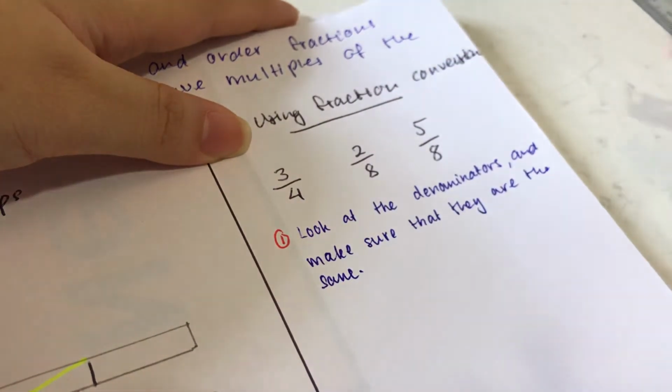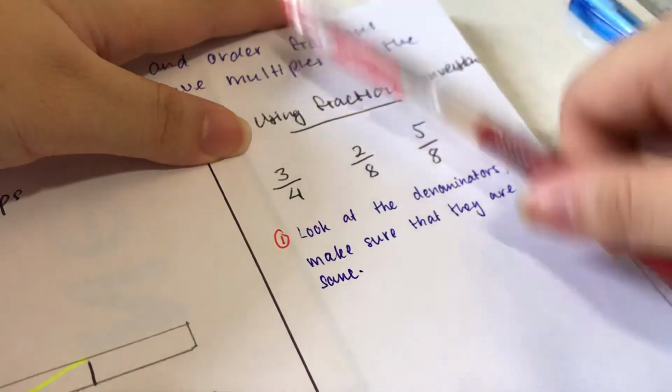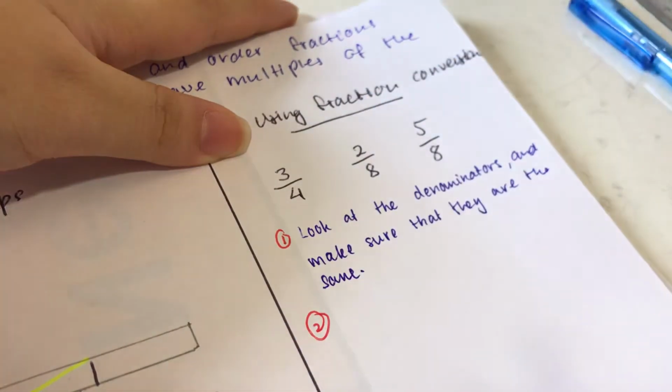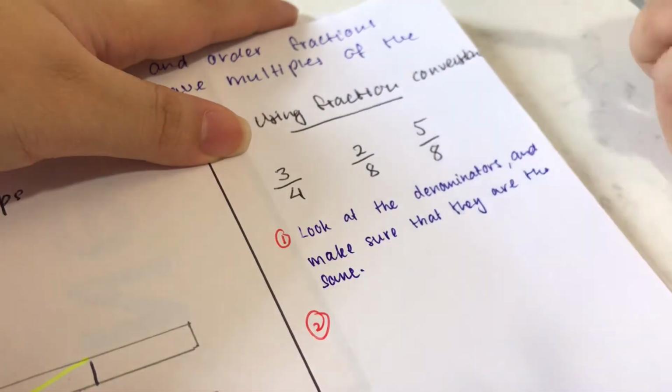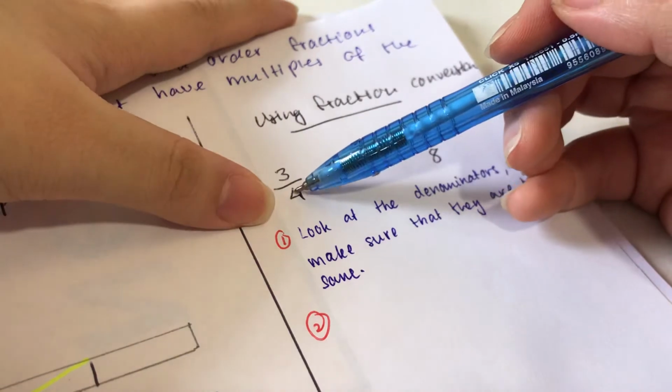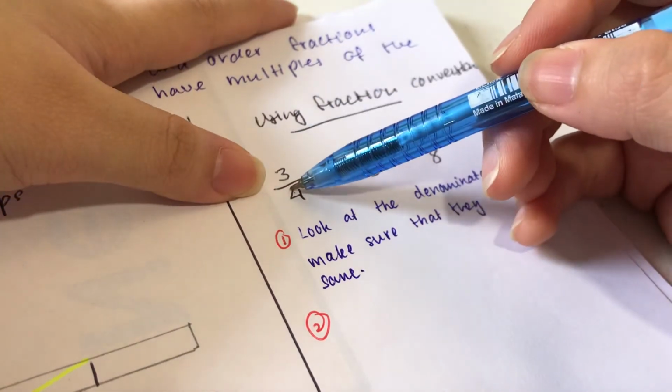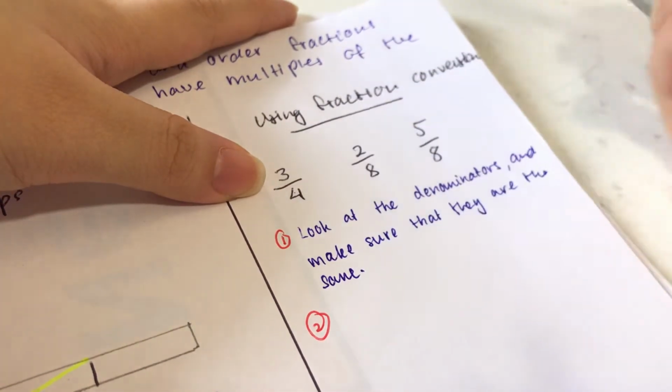So what are we going to do? How can we convert the denominator to the common denominator? We notice that 8 and 8 are already the same, and 4 is the odd one out. How do we make 4 into 8?